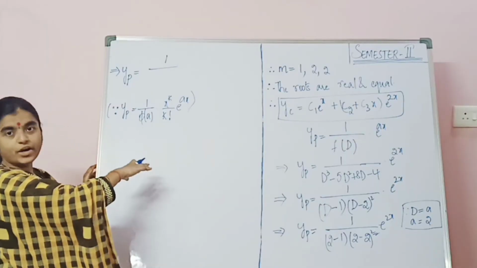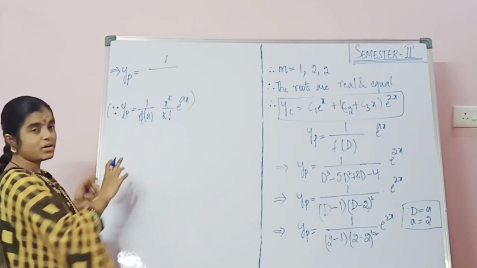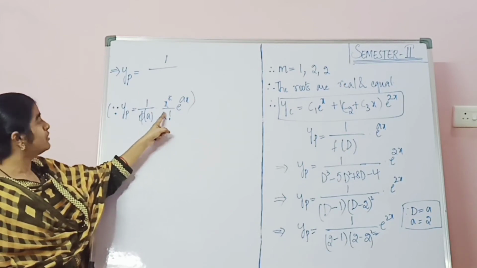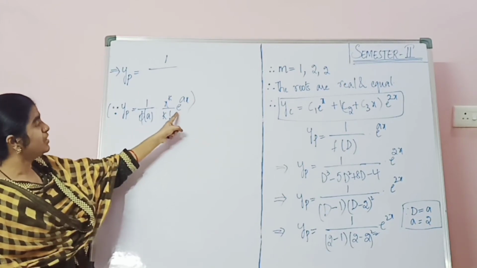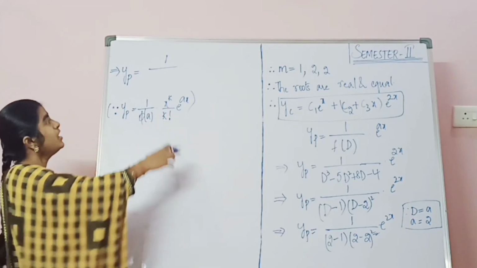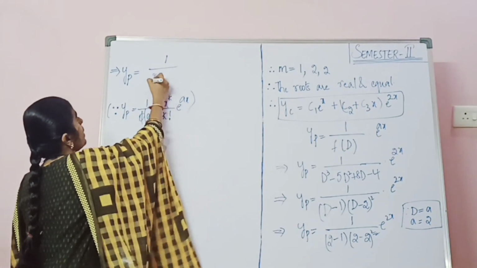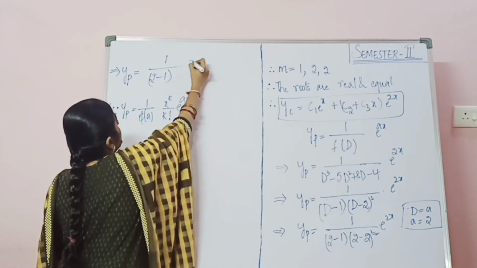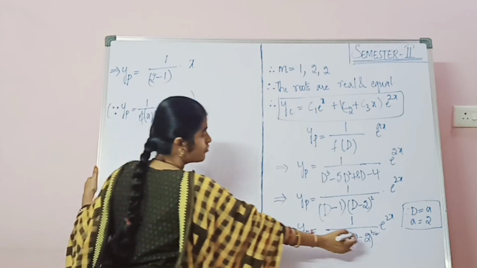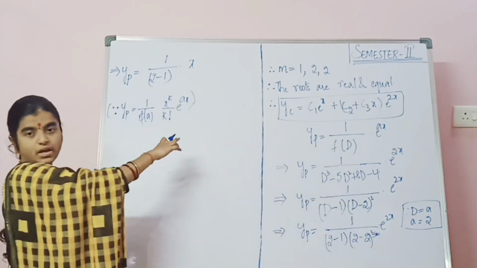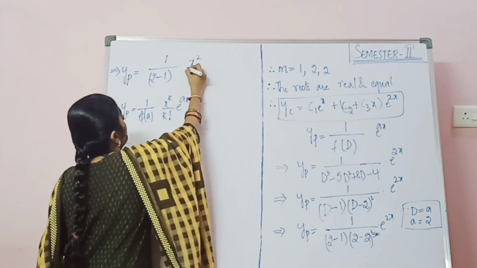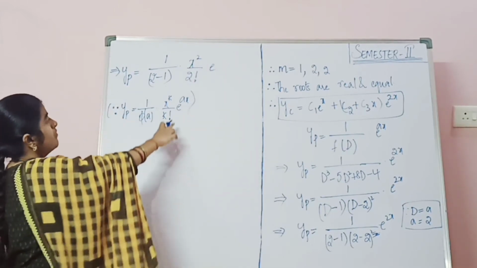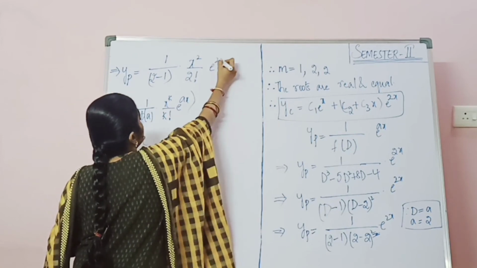Listen here. According to case 2, what is the formula for Yp? Yp equals 1 by phi(a) into x power k by k factorial into e power ax. So we can write Yp equals 1 by (2 minus 1) into x square by 2 factorial into e power 2x. Here what is k? k means 2.